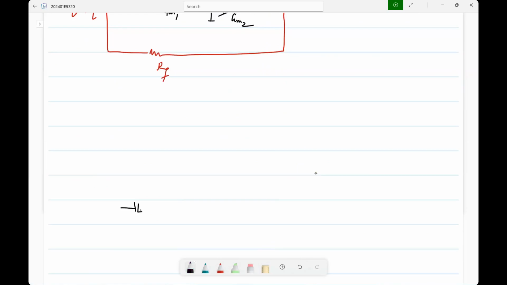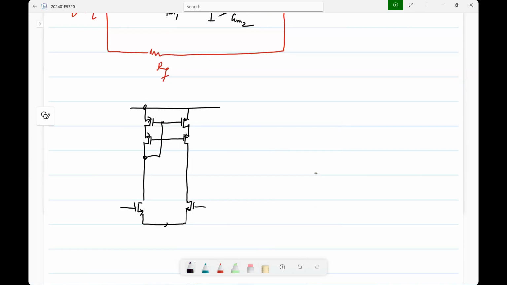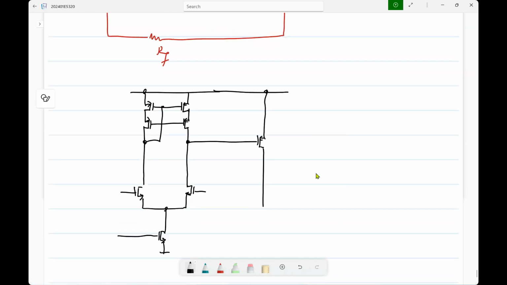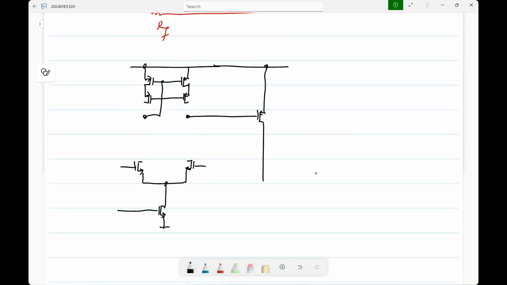Let's say that we have a cascode for the first stage. We have a two-stage opamp whose first stage is a telescopic. And these are biased at some voltages.